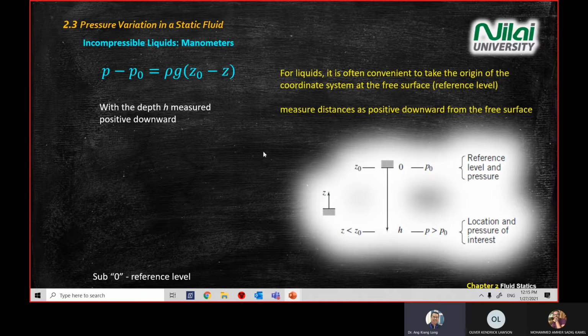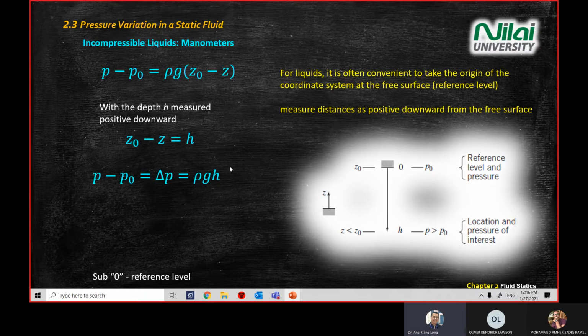It depends on the height that you measure. It's just a mathematical notation. Z0 minus Z, you get your H.